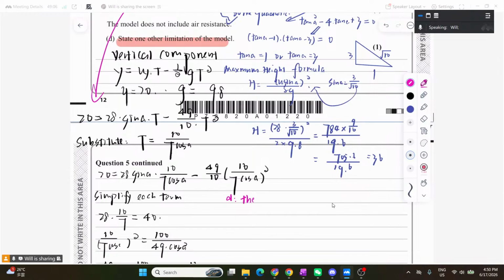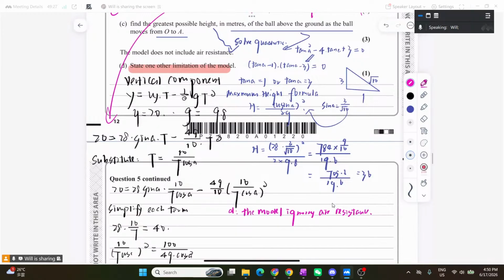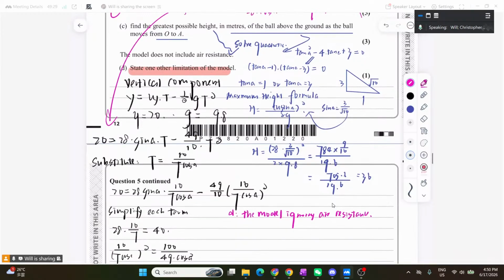No problem. So the model ignores air. Wait, but the question already says it does not include air resistance. So the question D says the model does not include air resistance, and then state another limitation.